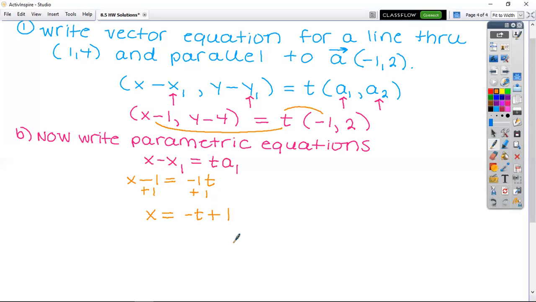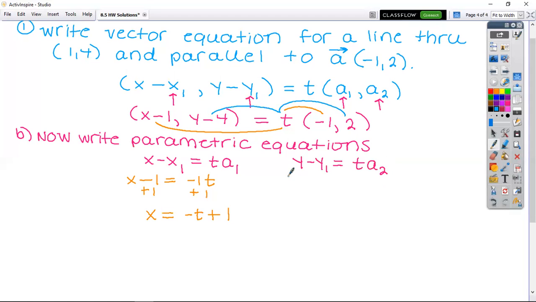Now I'm going to do something similar for my second. So I'm going to go y minus y1 is equivalent to t multiplied by a sub 2. I'm going to do that one in blue here. So I take this right here equal to the t multiplied by the 2.